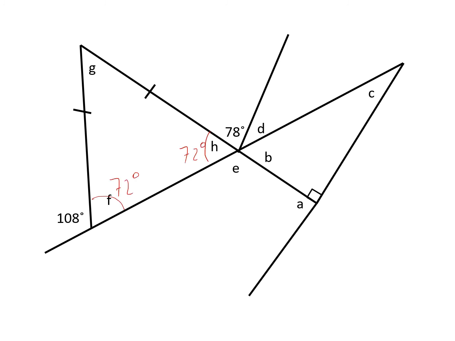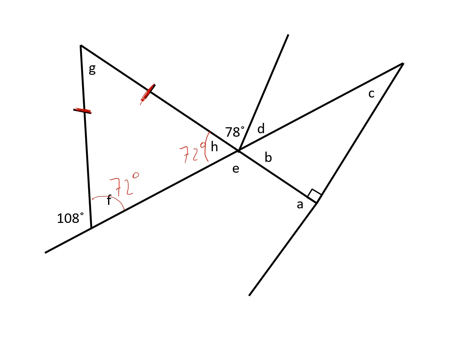Since there is a straight line again, 180 minus 108 will be 72 degrees, and these two lines are telling us this triangle is an isosceles triangle. There are two sides equal, which means two angles are equal. If this is 72, this must be 72 as well.